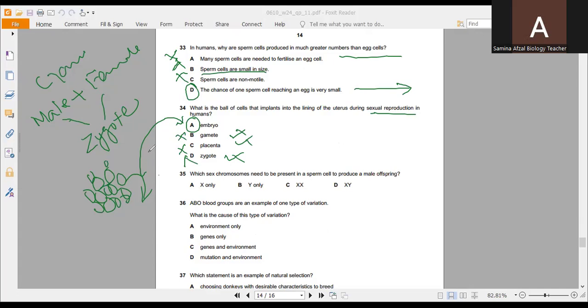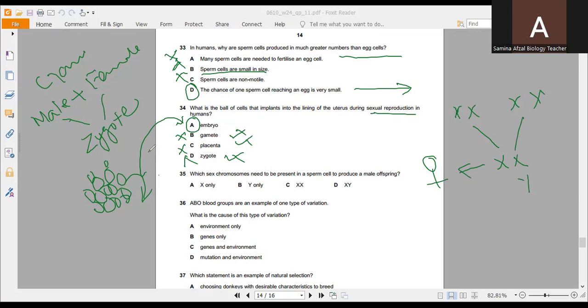Question number 35. Which sex chromosomes needs to be present in sperm cells to produce a male offspring? XX are present in female, XY is present in male. So if from male side X is there, there will be the female.